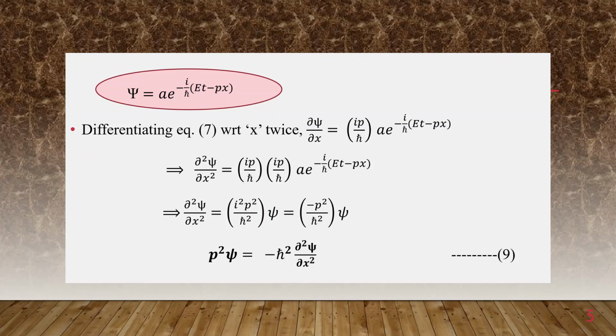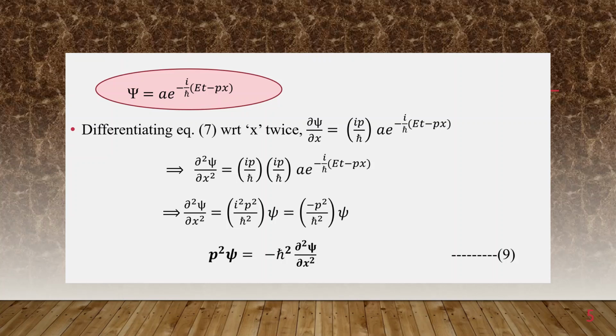So I can simply write it as psi. Here I square is minus 1, as we know from maths. So minus into p square divided by h cross square into psi. From that I can write p square psi is equal to minus h cross square into dou square psi by dou x square. This is our momentum related equation.